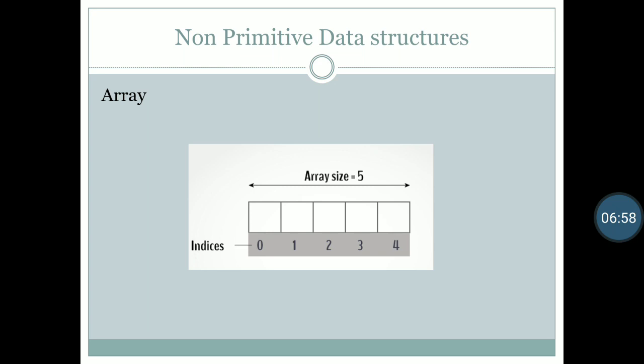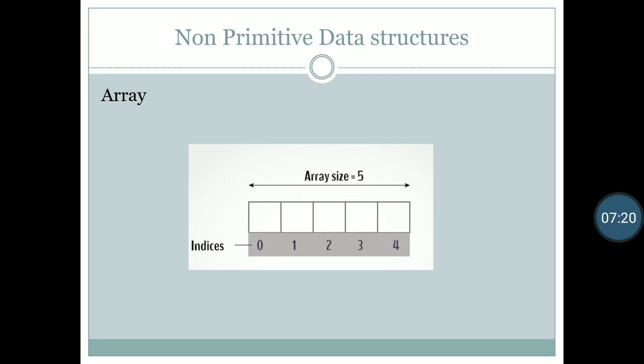So here in the example we can say our array is of size 5. So our indices will be 0, 1, 2, 3 and 4. So array will store different variables into these indices. Array is not an inbuilt data structure. We are creating the array.